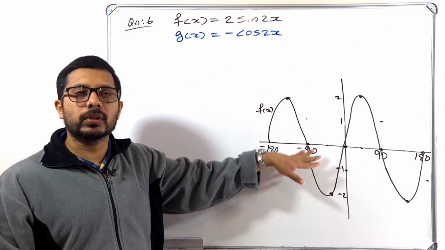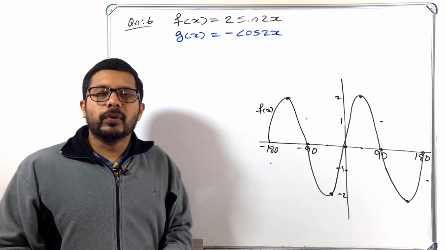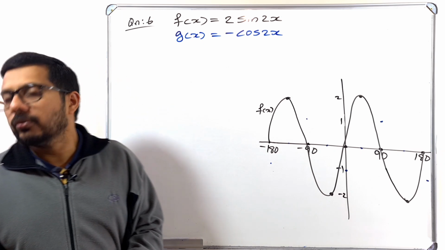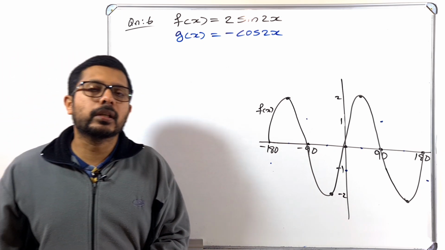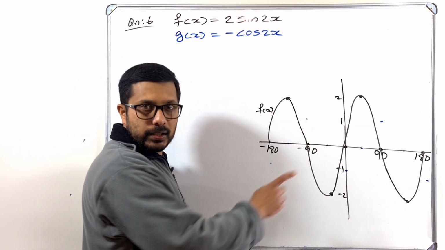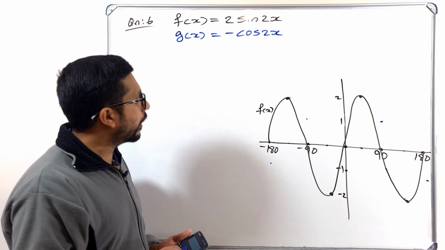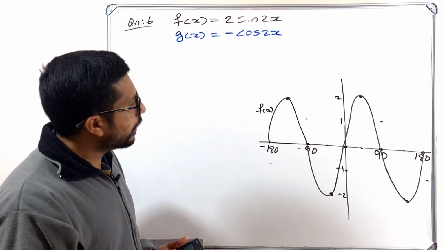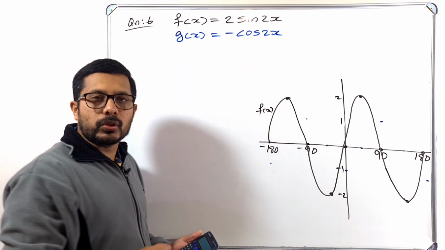You have to draw it on the same system of axes. So how can you draw that one? For that you have to take a calculator. Using your calculator you can find the corresponding points of that g of x. Then just draw that one. It's a very simple thing. Am I right? Here our equation is g of x is equal to minus cos 2x.